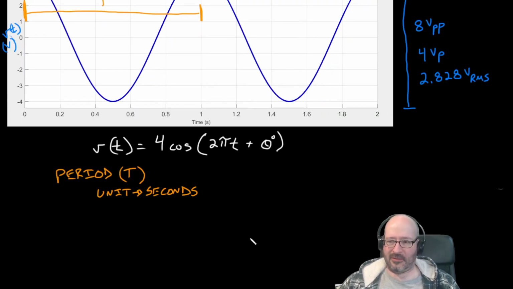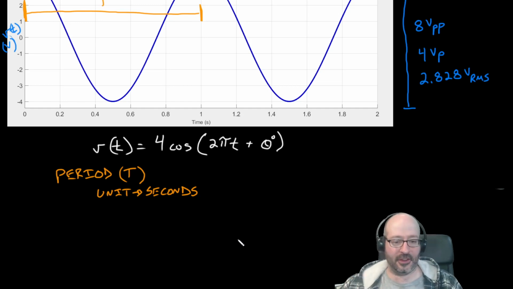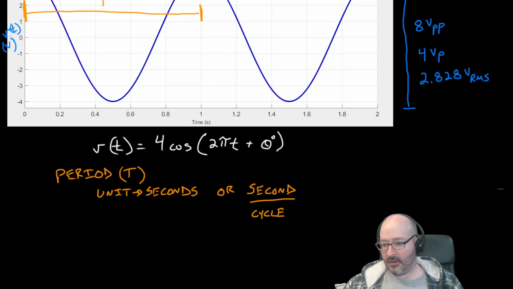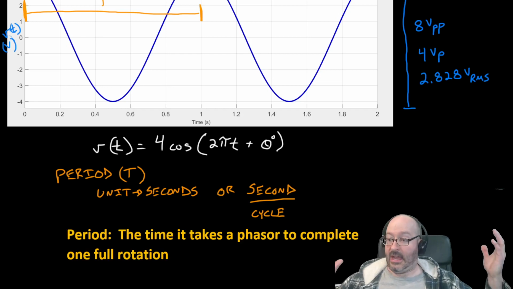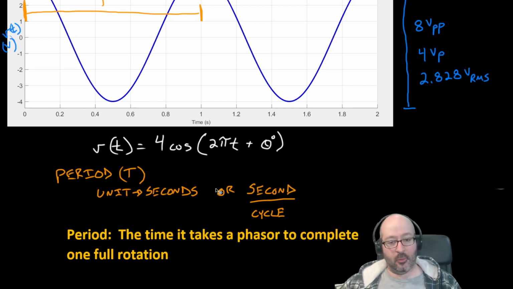In your head, I want you to remember that it's how many seconds it takes per cycle. So you can think about it as seconds per cycle. Let me get that definition typed up for you. Magical video editing. Ta-da! It's the time it takes a phasor to complete one full rotation.